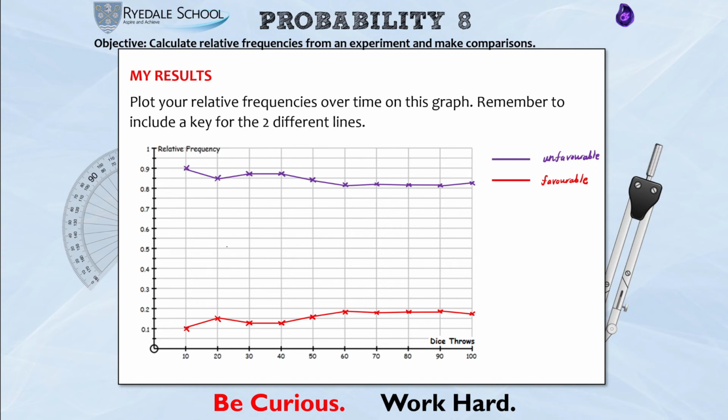Now, one or two of you might have spotted that your two lines are actually symmetrical as well. And the reason that goes back to the fact that these two events are mutually exclusive. In other words, the probabilities had to add up to 1. That means if this increases by a certain percentage or a certain probability, then this would have to compensate by decreasing by the same amount.